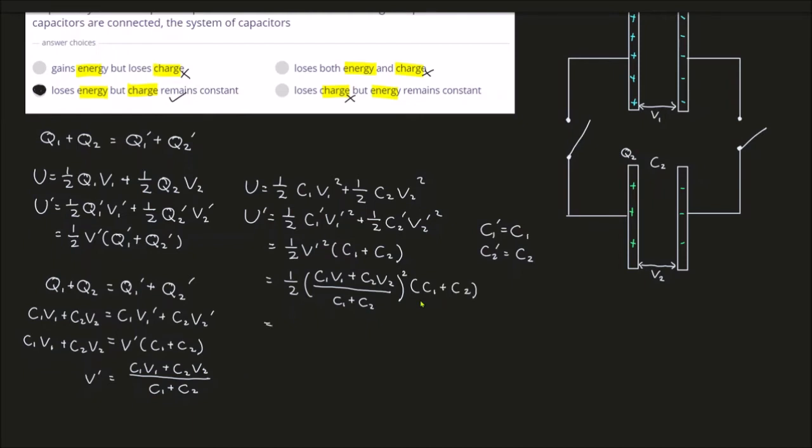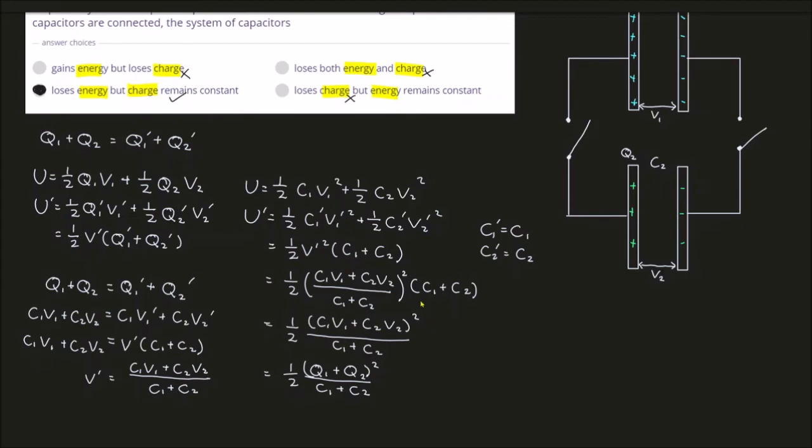Okay, and you will end up probably with something like this. C1 V1 plus C2 V2, squared, over C1 plus C2. Okay, you end up at this stage over here, which you can actually combine back to be Q1 plus Q2, squared, divided by C1 plus C2.